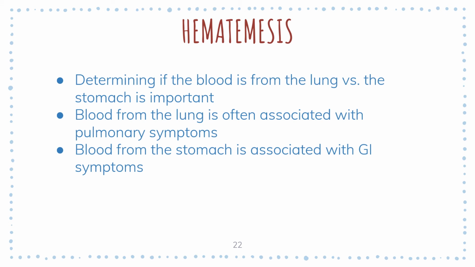So like I just said, make sure it's coming from the lung, not the stomach. Obviously, blood from the lung is generally associated with pulmonary problems, and blood from the stomach is associated with GI. So it's important to differentiate.